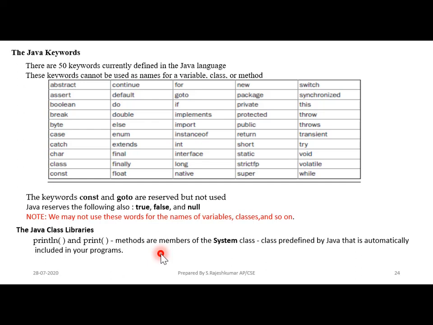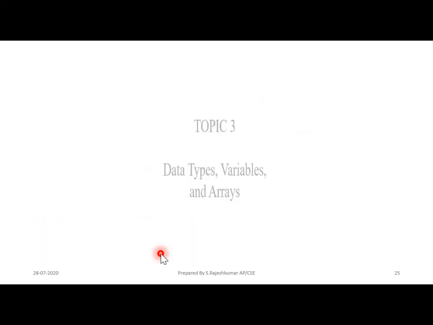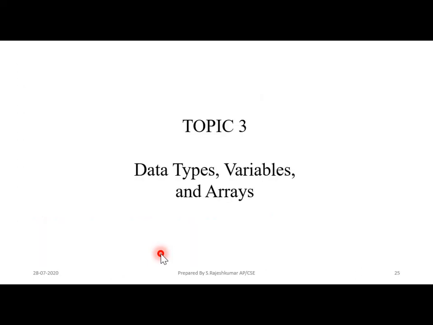So these are the things that we have seen in this video lecture, all the essential fundamentals as an overview of Java. For the next topic we are going to see data types, variables, and arrays. We are going to see these three important things in our next video lecture. Thank you.